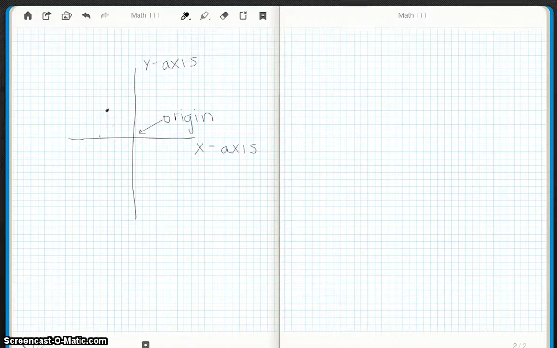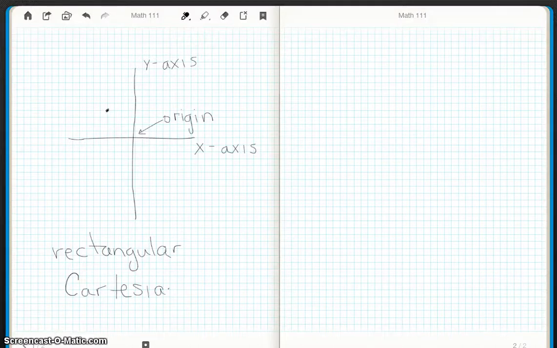And this system in general, when you have this x-axis and y-axis where they're perpendicular and they meet like this, this is what's called the rectangular or Cartesian coordinate system.